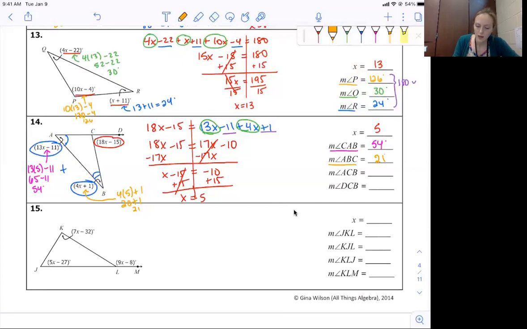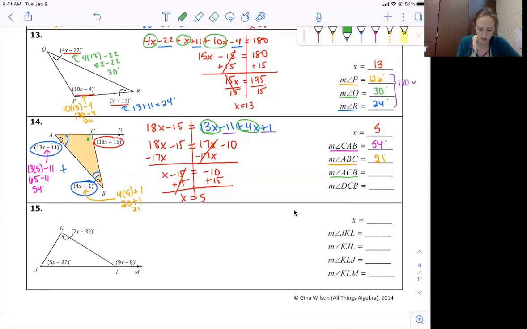Okay. Angle ACB. That's kind of confusing. If I look at ACB a little bit closer, there we go. That's that angle. I don't have anything on it right now. But what I do know is that the interior angles of a triangle add up to equal 180, right?